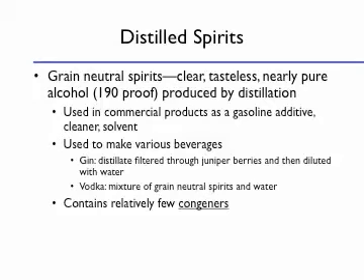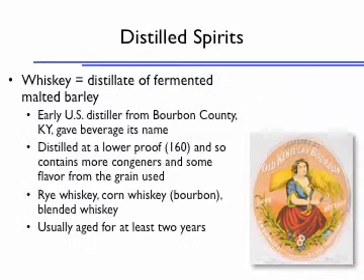So these products are diluted nearly pure alcohol that are clear because they don't have a lot of these byproducts of the fermentation process that we call congeners. And it's the congeners that give the color and the unique flavor and character to those brown liquors like whiskey.